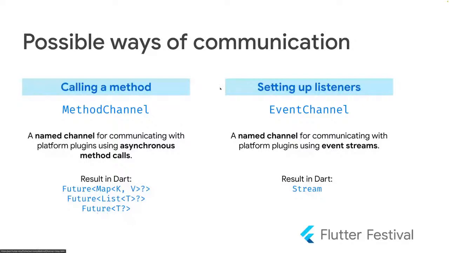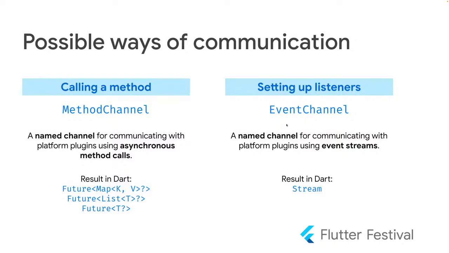There's another way in which we can communicate with the underlying platform, and that is by setting up listeners. That's when there is some kind of listener for events happening on the native side, and we want to be notified whenever a new event fires, and we get the result in Dart, set up a handler for that event, and do whatever we want.